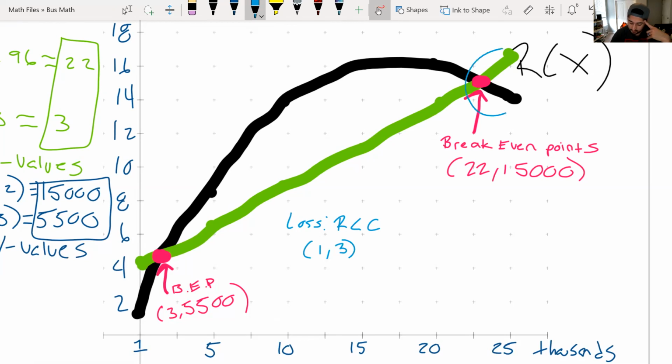So the cost function is above the revenue function, which means that's another loss. So from the break-even point of 22 to the final number of 25 is when we will have a loss. Okay, so there's that. There's loss.